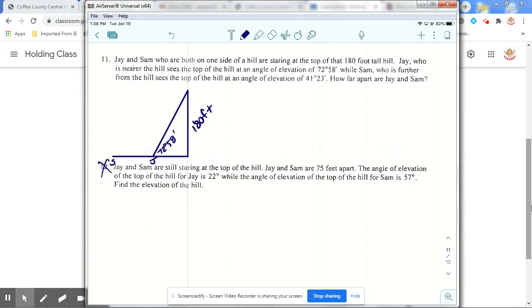Sam is over here. He's looking up, 41 degrees 23 minutes. Okay, so I'm going to say Jay's distance from the hill is X, and then Sam, sorry I did this kind of low, this whole thing is Y.